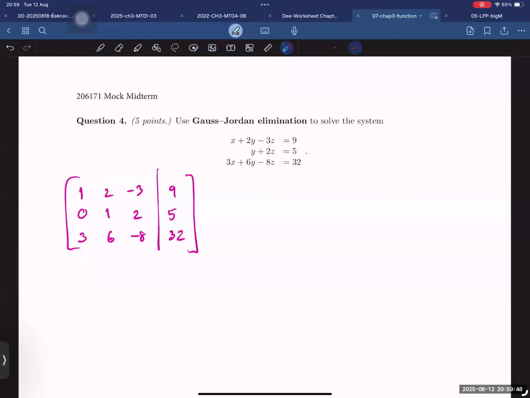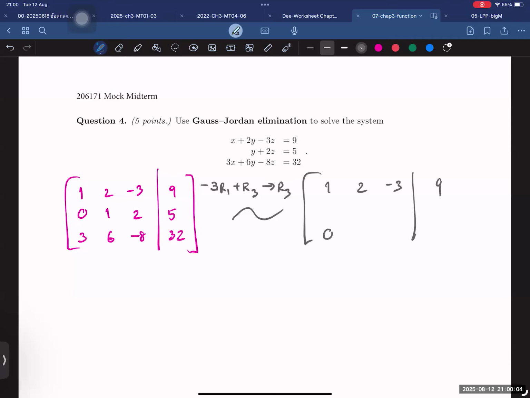And then you try to eliminate that to be 0, right? So the first thing that you have to do is multiply row 1 by -3 and combine with row 3, put it back to row 3. So this way you're gonna get 1, 2, -3, and 9. The second row we didn't do anything because it's already 0 in the first position.